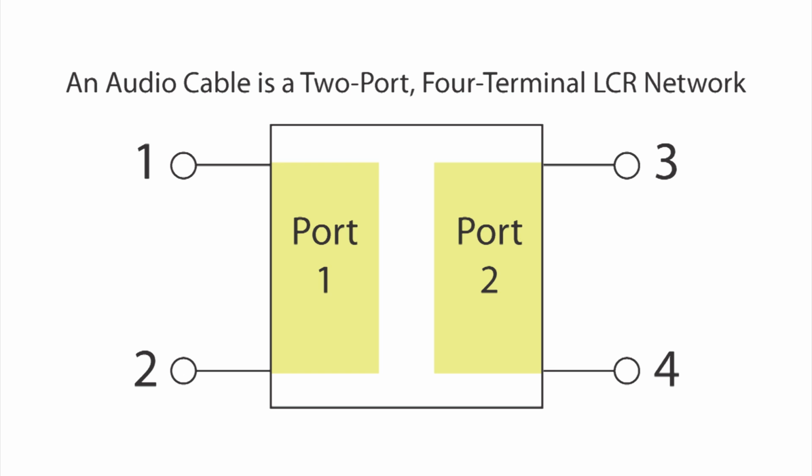First of all, we identified a cable for what it is. The very nature of a cable is it is a network. Every cable has ports, it has terminals, it has capacitance and inductance. It is a network.